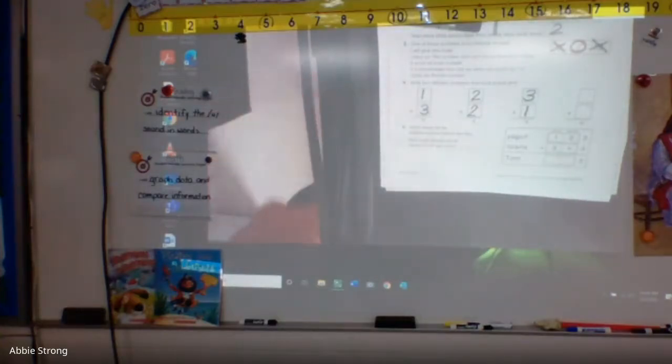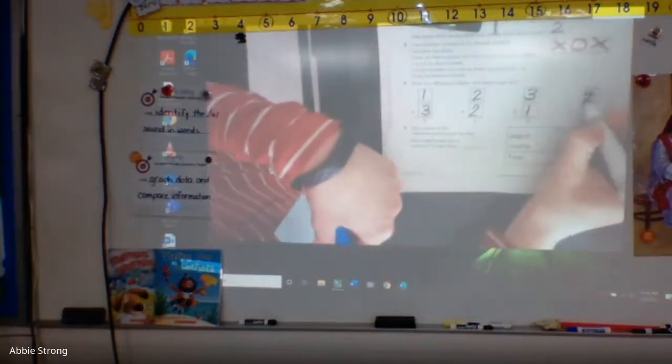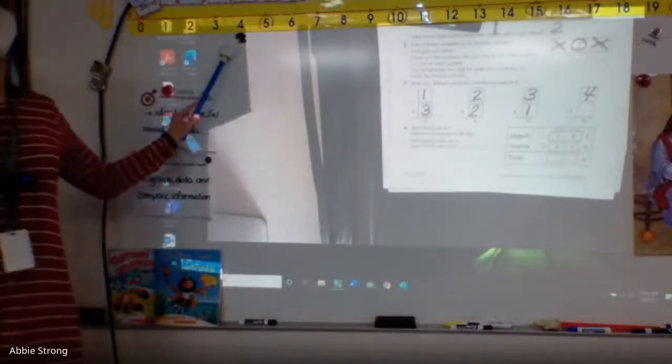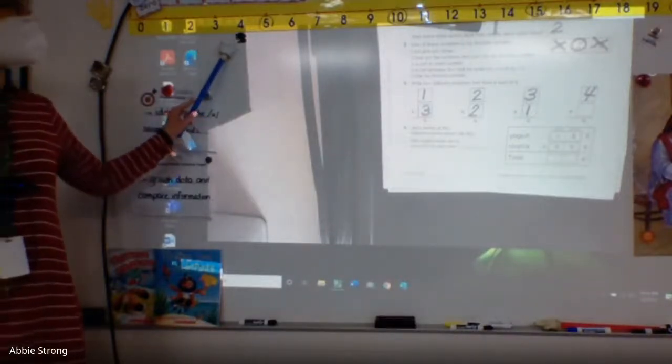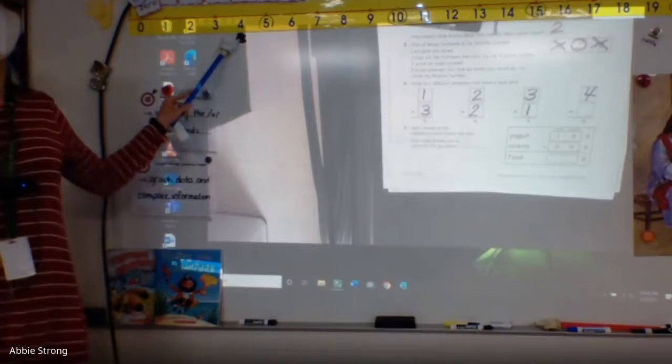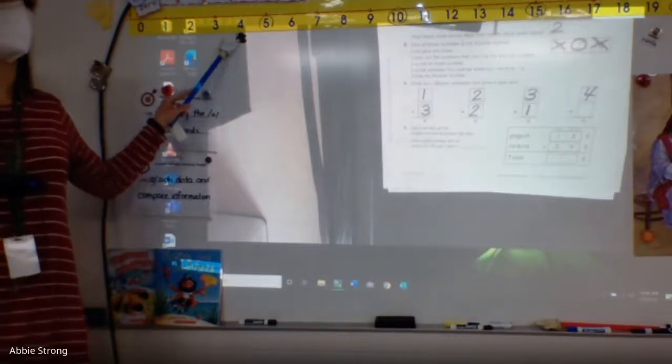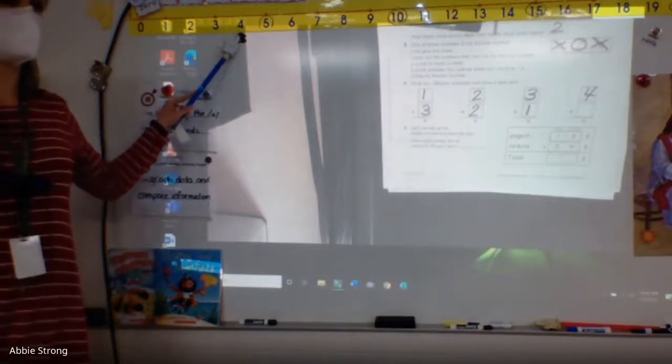I need a new number. A number that is 4 or smaller. Addison. 4. Good. Put your finger on the 4 of your number line, honey.